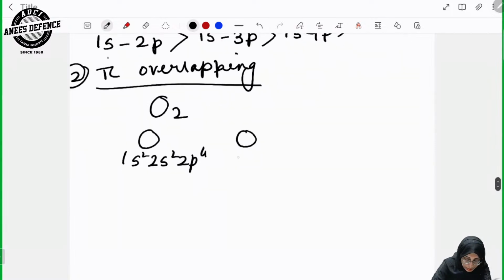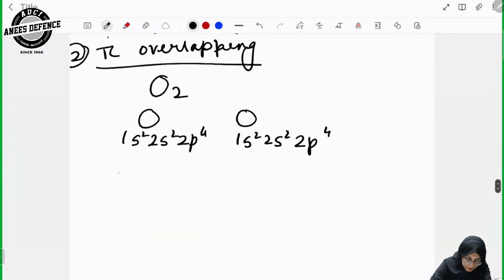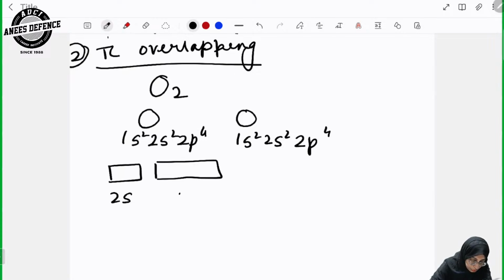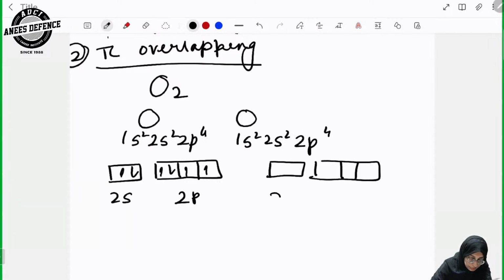Now let's fill its orbitals: 2s2 and 2p4.